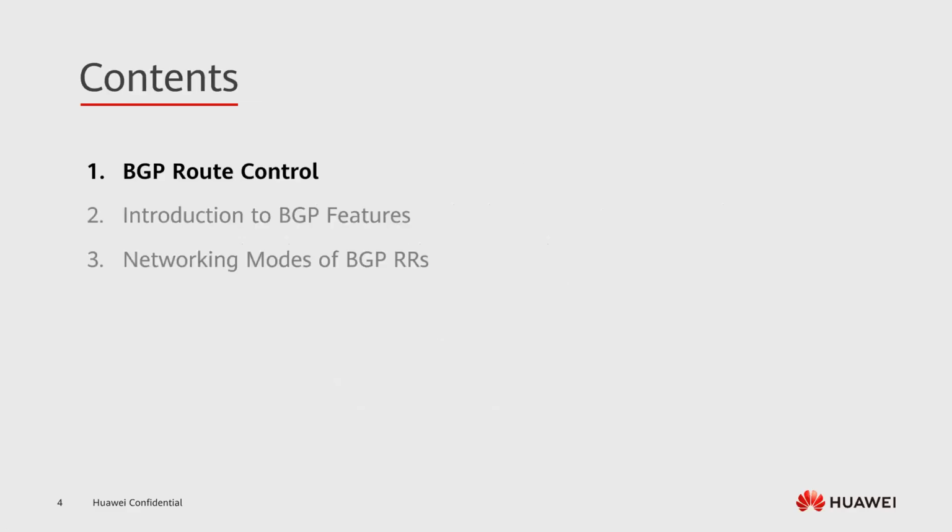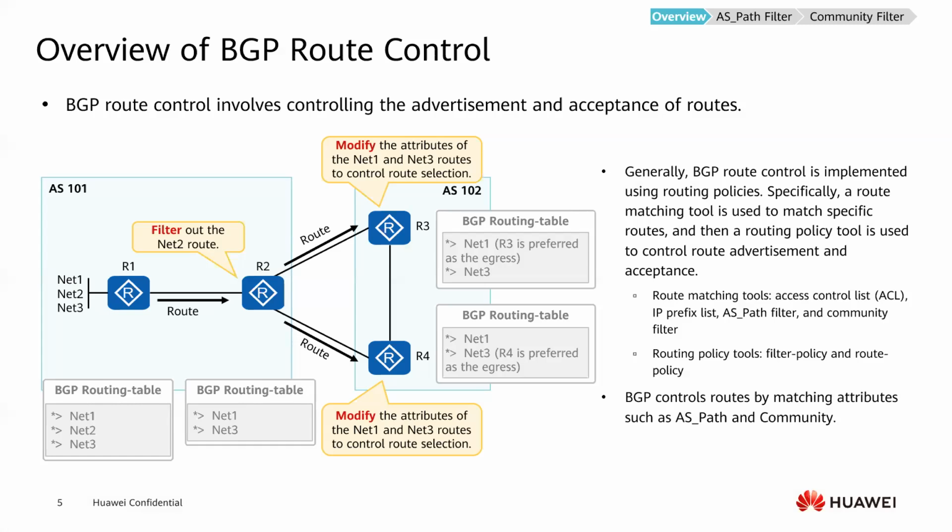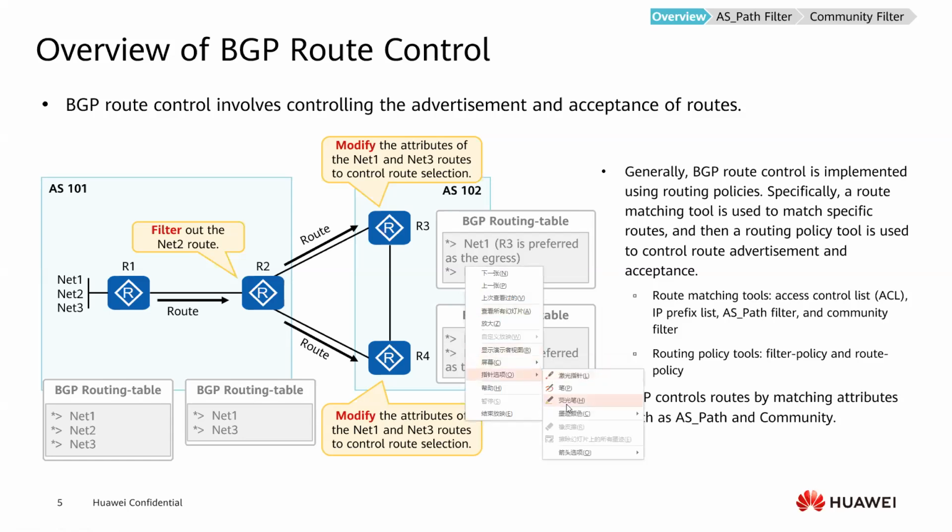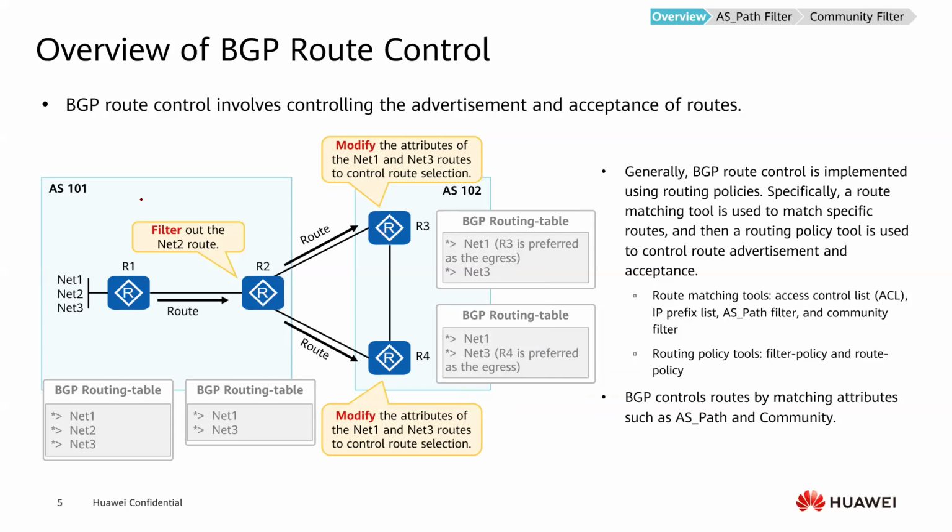Okay, the first part is about route control, and BGP route control involves controlling the advertisement and acceptance of routes. So let's see the scenario on this page. As shown in the figure, R1 is directly connected to three networks: net 1, net 2, and net 3.